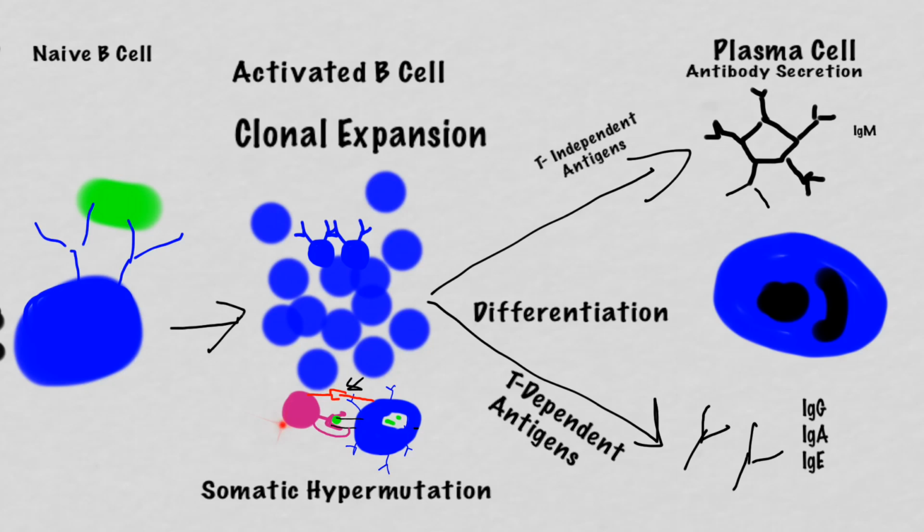When there's T cell help at this stage, you get your T-dependent antigen response, which will lead to plasma cells that are capable of secreting IgG, IgA, or IgE, and although I don't mention it, IgD, because it's very rarely secreted. These antibodies are the antibodies that you'll expect to see depending on the types of cytokines that are secreted from the CD4 positive T cell in the context of CD40 and CD40 ligand interaction.